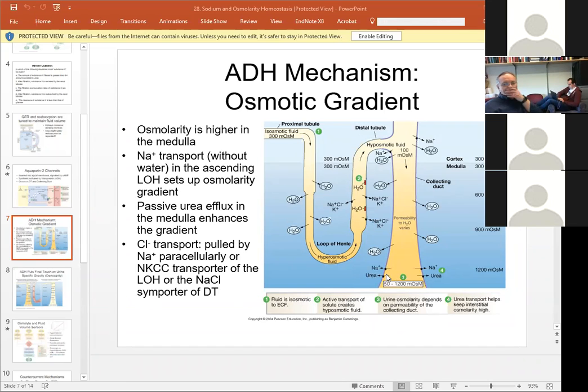So the main point that I want you to get out of question 2 is sodium comes back out, water does not, so we end up with fluid that's 300 milliosmolar, even lower. It can be as low as 100 milliosmolar.